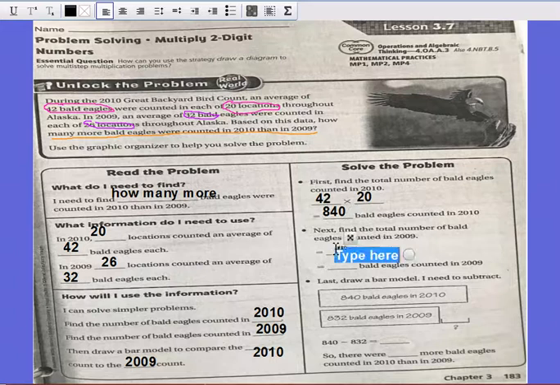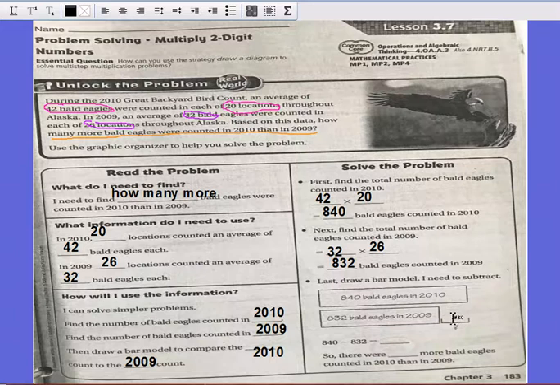So now I'm going to go to my purple one, and I had 32 bald eagles times the 26 locations. And so 32 times 26 is 832. Okay, so now, last is to draw your bar model, and you need to figure out this little space in between here.